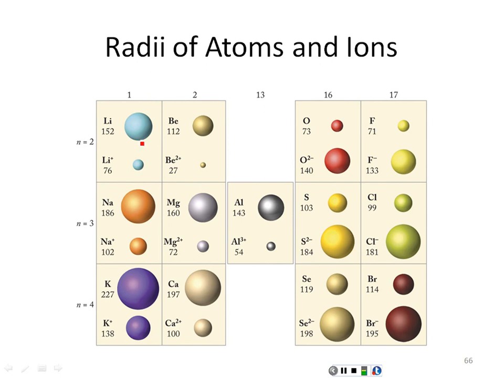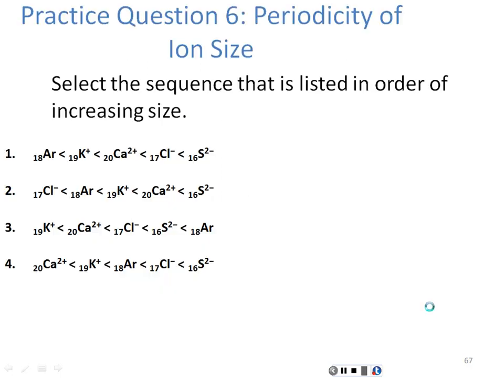If we look at lithium, sodium, potassium, their cations are all much smaller than their neutral atoms. And on the other side of the periodic table, fluorine, chlorine, bromine, their ions become much larger. So try a practice question organizing the correct sequence of increasing size for a group of elements and ions.